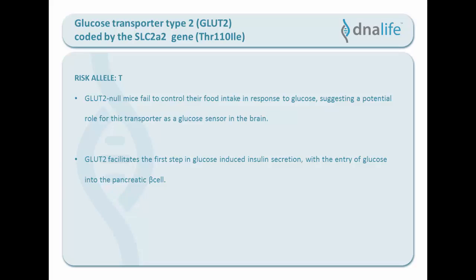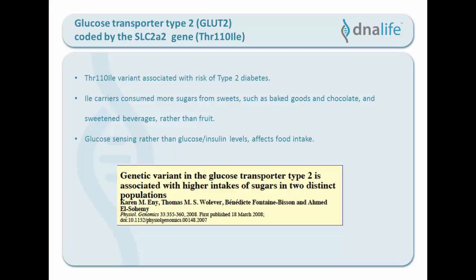And because GLUT2 facilitates the first step in glucose-induced insulin secretion, with the entry of glucose into the pancreatic beta cell, it's also very much involved and very important in one's response to glucose intake and sweet foods.